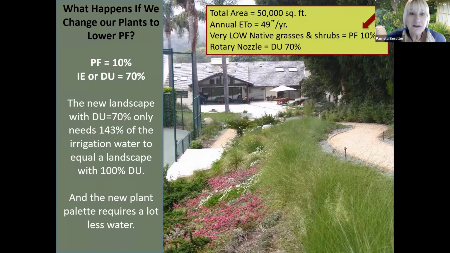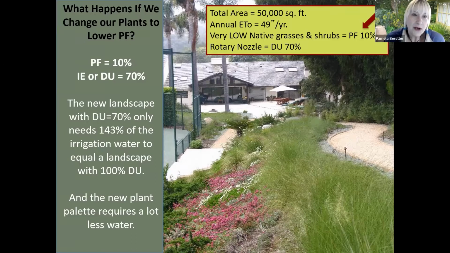We're still using 50,000 square feet here in our calculations. But it got even better because we actually removed some of that landscape area and put in permeable paving.